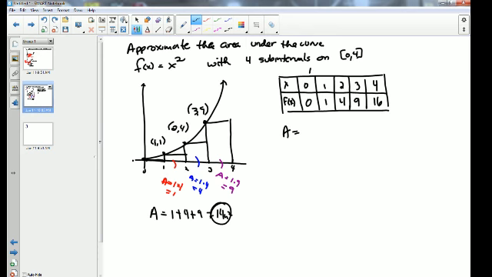From 0 to 1, we have how many subintervals? 4? Yeah. How wide is our first rectangle? 1 unit. And how tall is it? 0. Left rectangle, see it? So 0 times 1. And then our second rectangle is 1 wide and 1 tall.